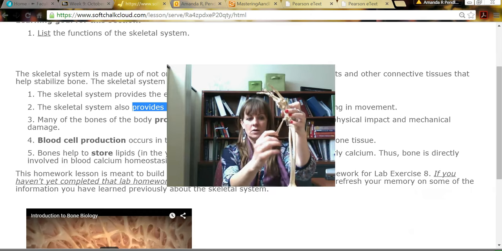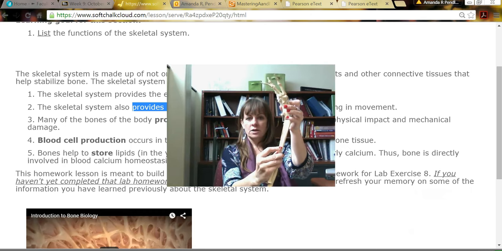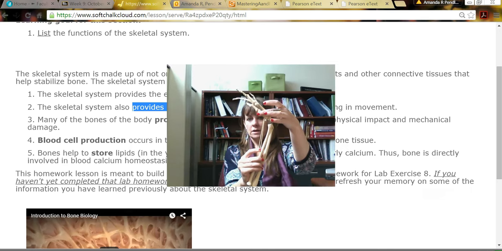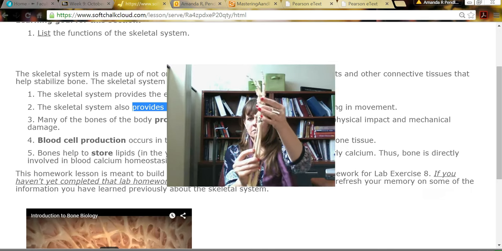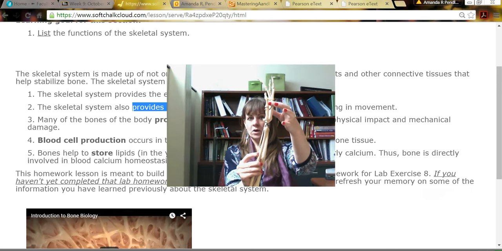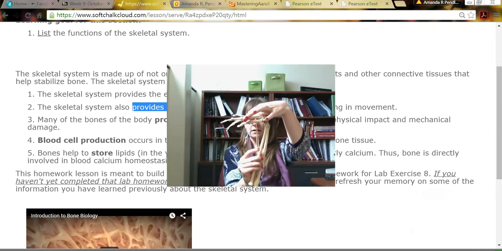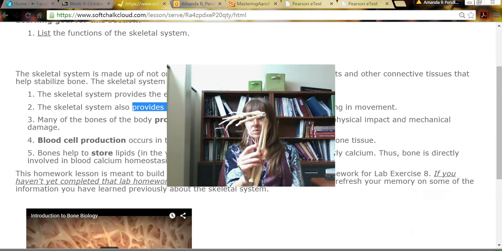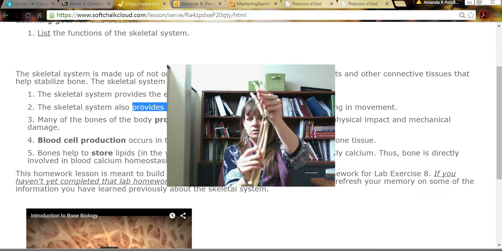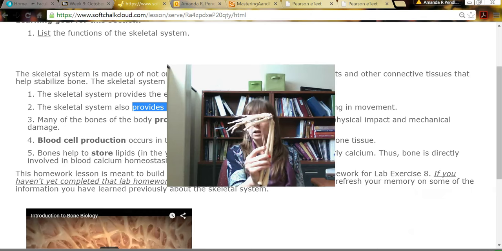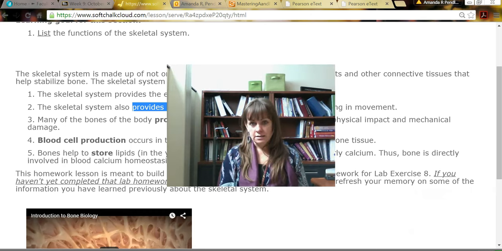It's attached to one bone up here, and I'm going to attach it to another bone down here. Okay, so the rubber band in this example is a muscle. And so as that muscle is longer, those bones are apart. But the minute we let that rubber band contract, notice that the bones move closer together. Okay, so these bones are levers. The muscles are going to contract and relax, and as they do that, they can cause movement because they're pulling on bones, which are acting as levers.